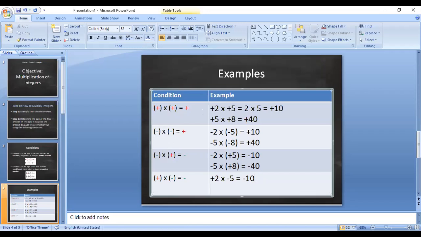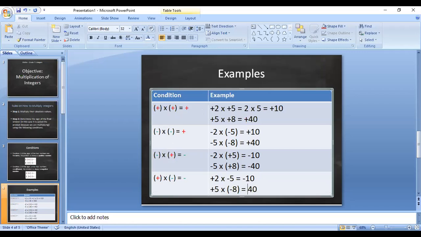Let's take one last example. We have positive 5 and we are multiplying it with negative of 8, negative 8. Let's see, step number 1, you know this, tell me. Step number 1 is multiply the numbers and ignore the sign, so 5 into 8 is 40.